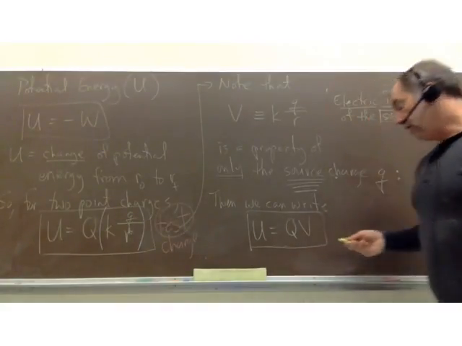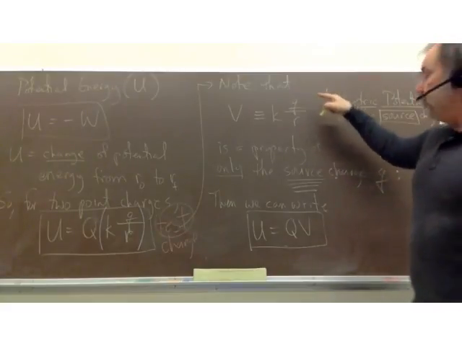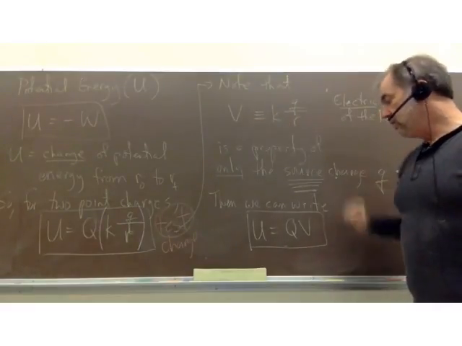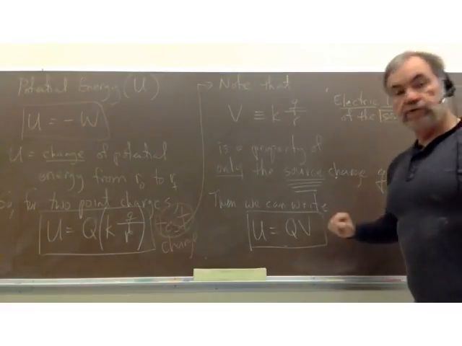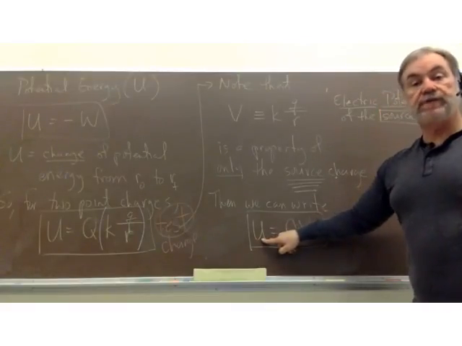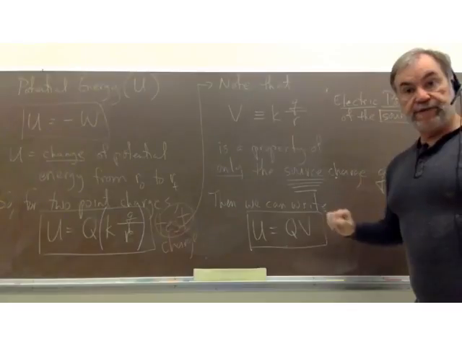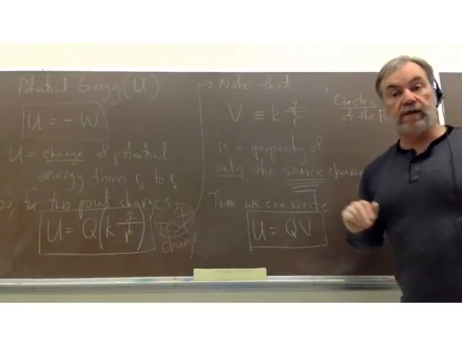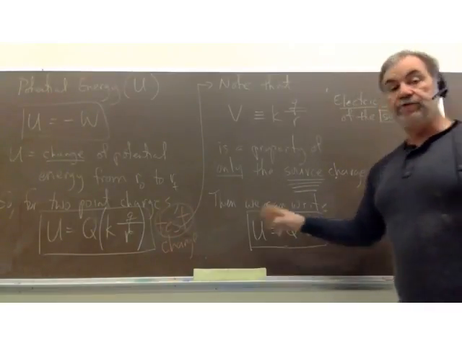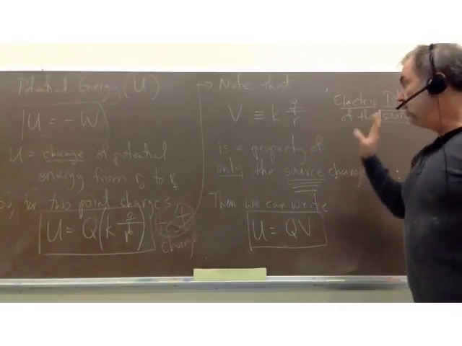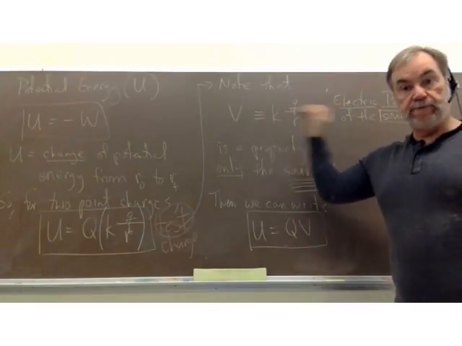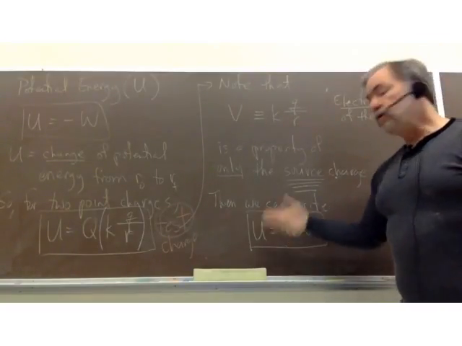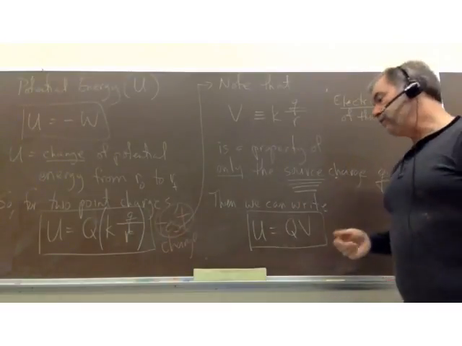More than that, you'll notice that the mathematically difficult and mathematically interesting stuff is calculating V. Once I know V, which is a property of the source charge, anytime I want to change the potential energy of a test charge that moves around in the vicinity of my source charge, all I have to do is multiply that test charge by V, and I automatically have the potential energy if I want it. So the focus for us from this point forward is going to be primarily on calculating V, and then we'll calculate U whenever we feel like we want to, whenever we get around to it, if we ever do.